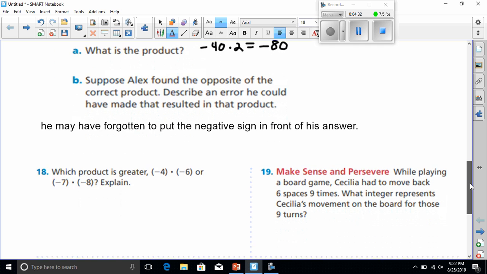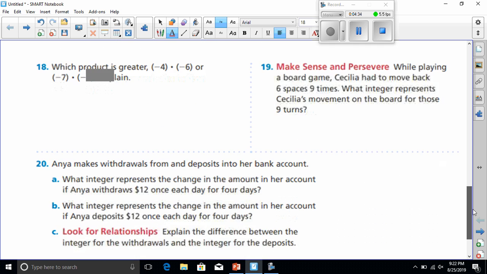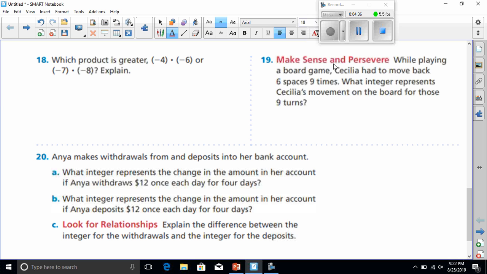Next, we're going towards number 19. It says, make sense and persevere. While playing a board game, Celia had to move back 6 spaces 9 times. What integer represents Celia's movement on the board for those 9 turns? Well, if you move back 6 places, that's a -6.